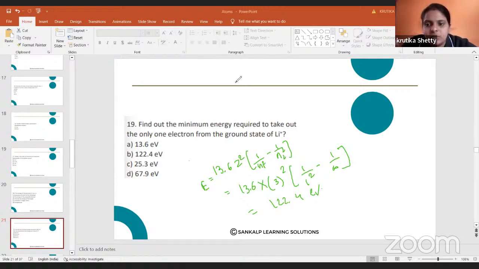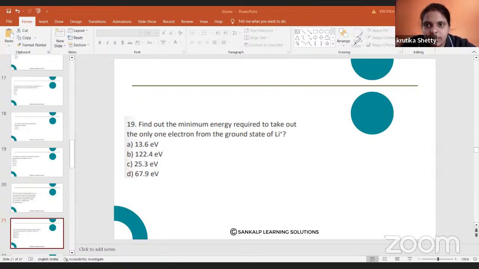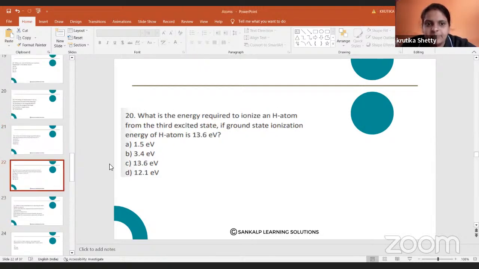Yes. So last one more question we will discuss. Then after that we will go for the previous year questions. What is the energy required to ionize a hydrogen atom from the third excited state if the ground state ionization energy of hydrogen is 13.6 electron volt?